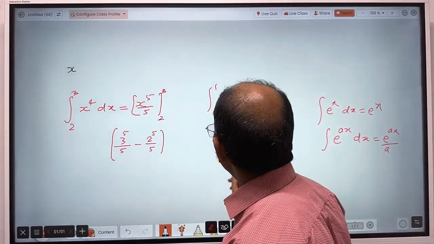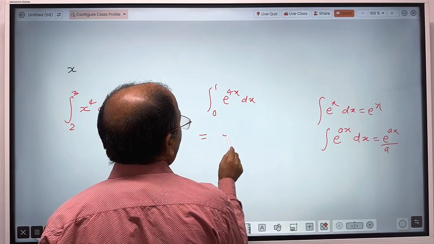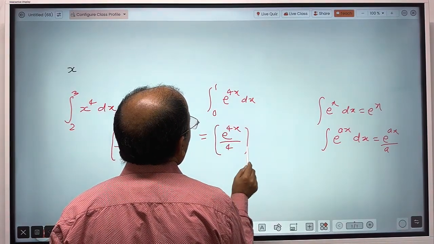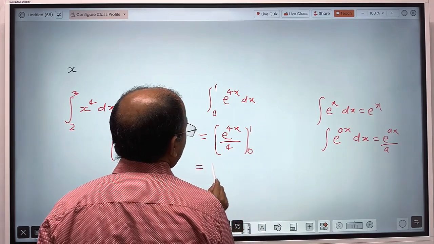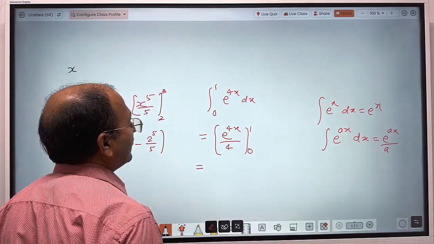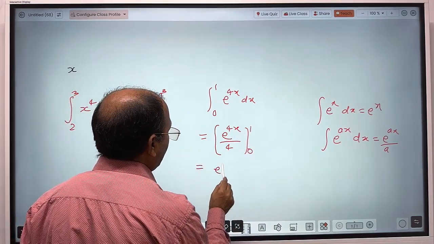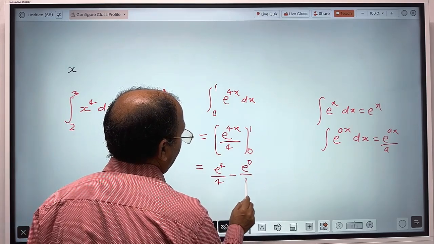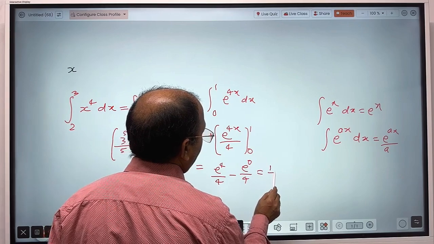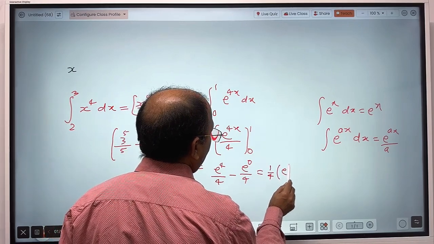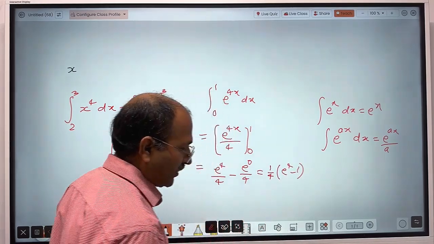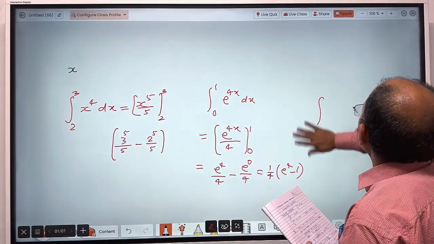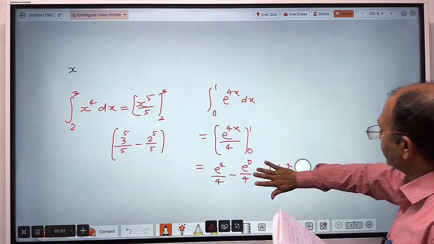So here there is limit, so this will become e power 4x divided by 4, and then limits are there 0 to 1. So in place of x we write 1, so we get e power 4 upon 4 minus e power 0 upon 4. So this will give 1 upon 4 (e power 4 minus 1). I think you have understood. We can take some more questions to deepen your knowledge.